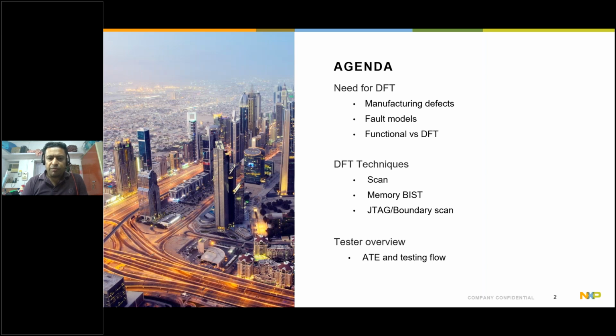We would look at some of the DFT techniques like scan, memory-based, and JTAG boundary scan that are implemented in SOCs for doing the testing. Then I will give you a brief overview of how silicon chips are actually tested using a tester, called automated test equipment.